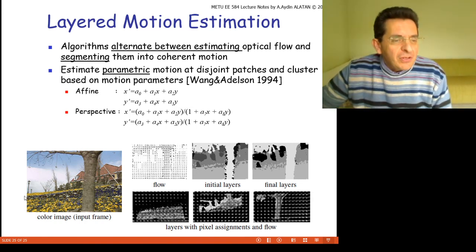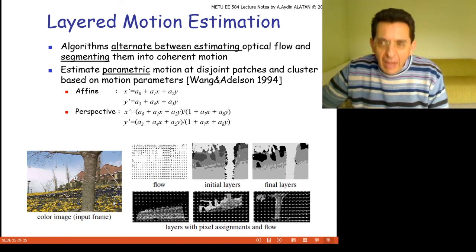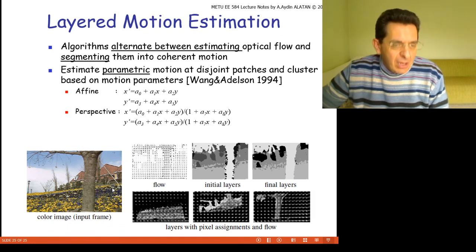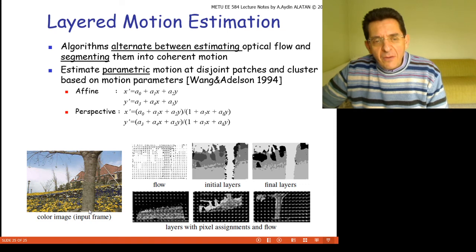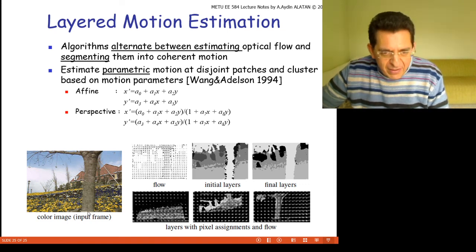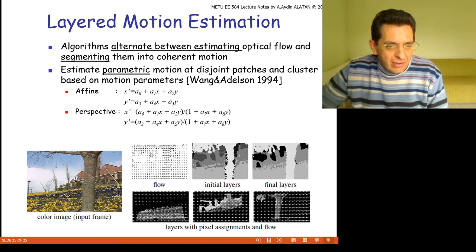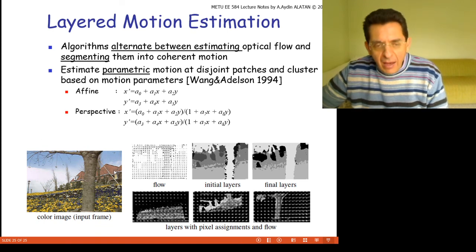Now, after removing those motion vectors, we will apply the same parametric motion estimation stuff to the remaining part. Okay? Therefore, we will try to fit another parametric model to this tree, to the sky, and to the houses.